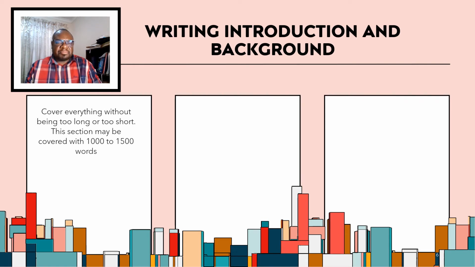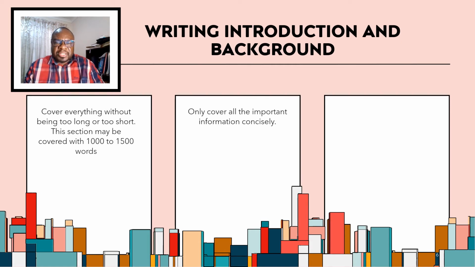This section may be, for instance, 1,000 or 1,500 words, minimum and maximum, which means your maximum may be 1,000 words and well, your maximum may be 1,500 words. This is an estimated size of your background and introduction to the study.